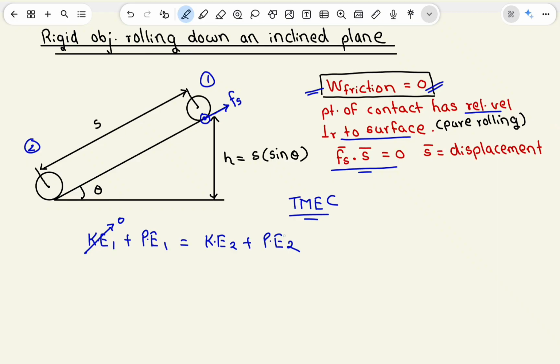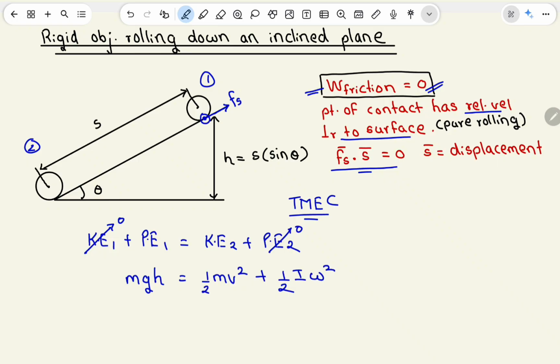At the bottom, the object does not have any potential energy because we define the base at the bottom. Therefore, the potential energy at point 1 becomes equal to the kinetic energy at point 2. The potential energy at point 1 can be written as mgh, and the kinetic energy at point 2 can be written as the translational kinetic energy of the body plus the rotational kinetic energy of the body.